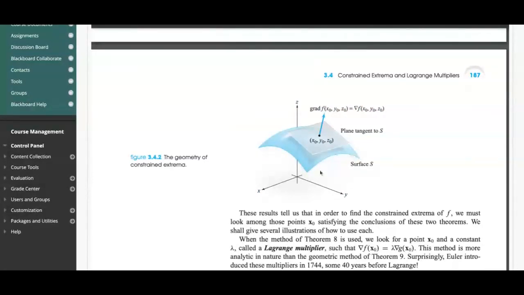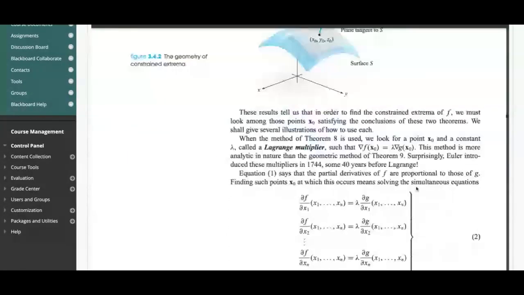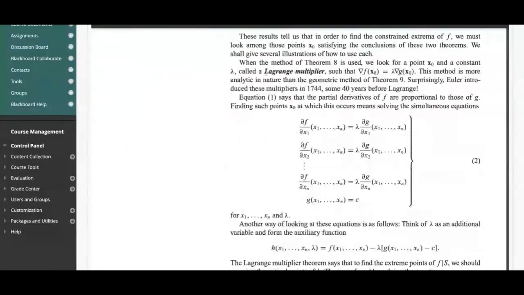Because it's surface S, the gradient F points in the fastest direction of function growth, and it also makes 90 degrees with the tangent plane. This lambda we call the Lagrange multiplier.